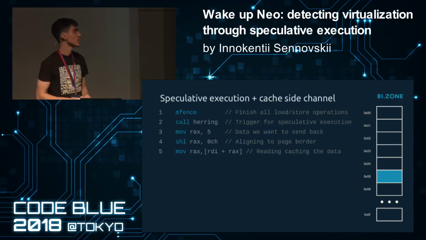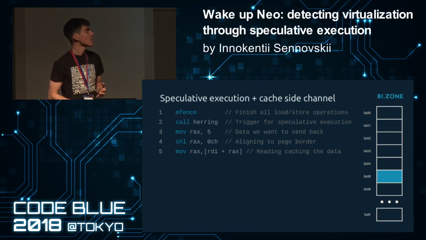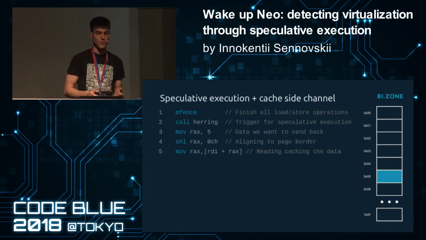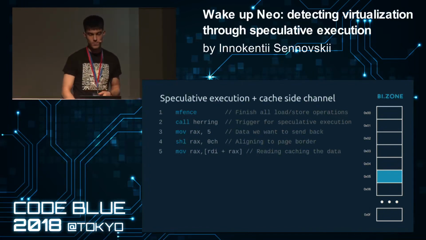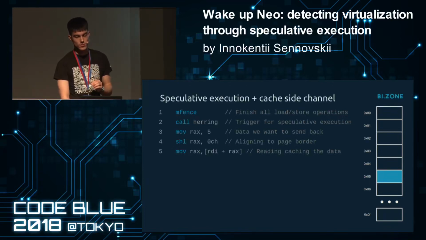We place value 5 into the RAX register. We then multiply RAX by 4096 to align it to a page, and we do a speculative read from this page. All the results of this read are obviously discarded, but there is still a change in the microarchitectural state.